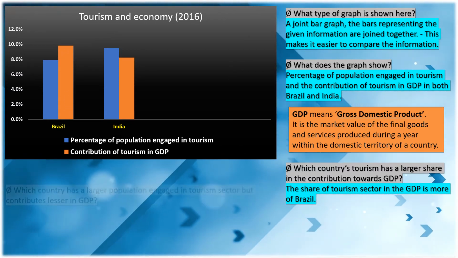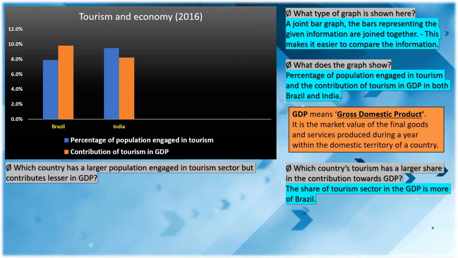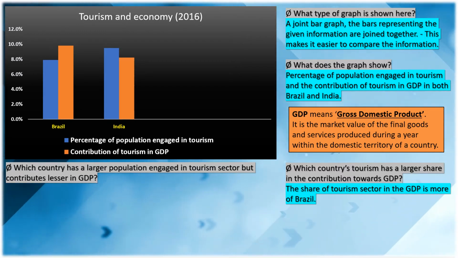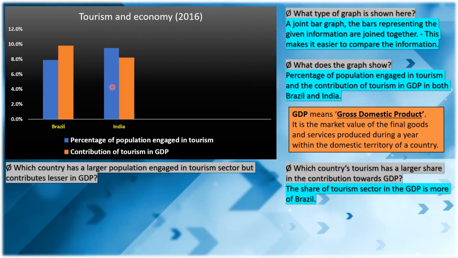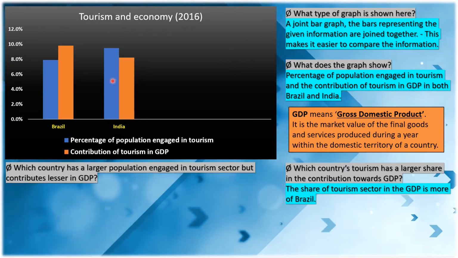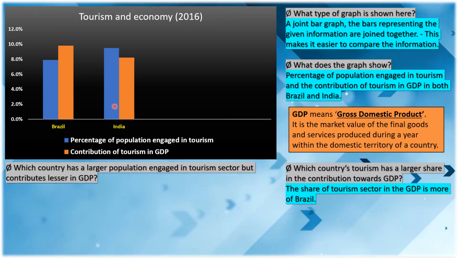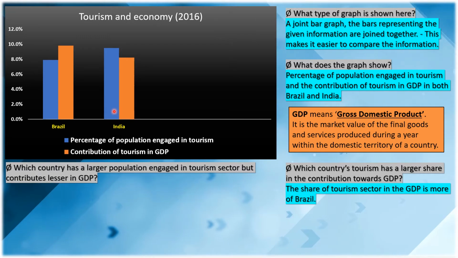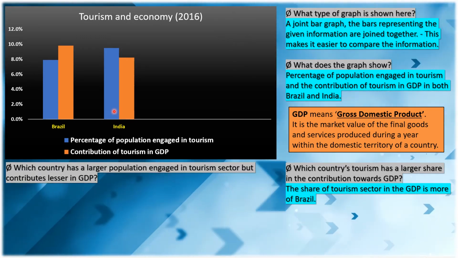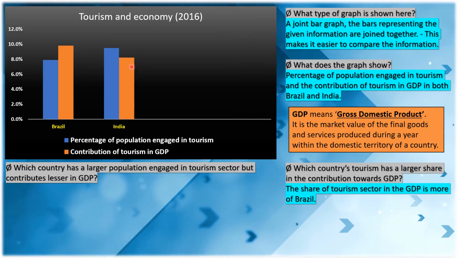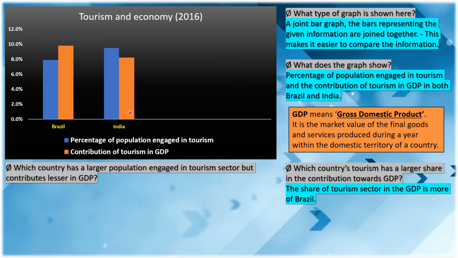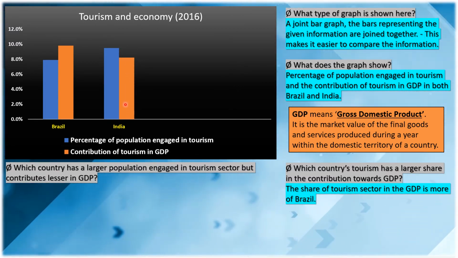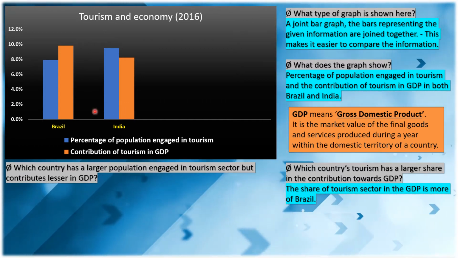The next question, which country has a larger population engaged in tourism? If you see this blue bar, the bar of India is more. So India has a larger population engaged in tourism sector, but contributes lesser in GDP. If you see the contribution of tourism in GDP, India has a lesser contribution in GDP than Brazil.